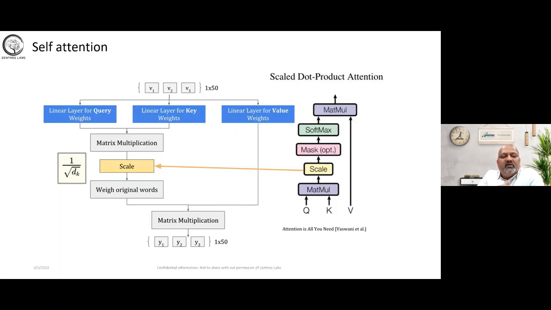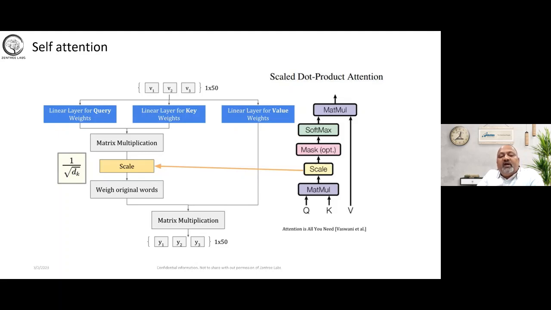There's a normalization factor, you can say. So here it is MQ multiplied with MK transpose, divided by square root of dk, the dimensions of V here.